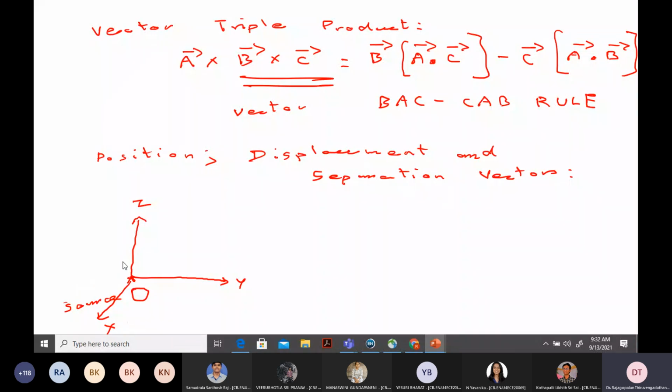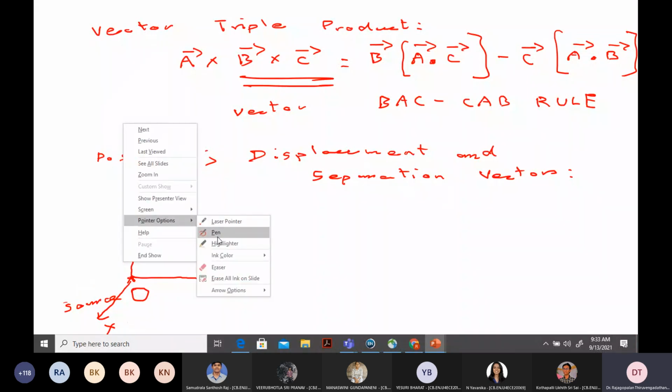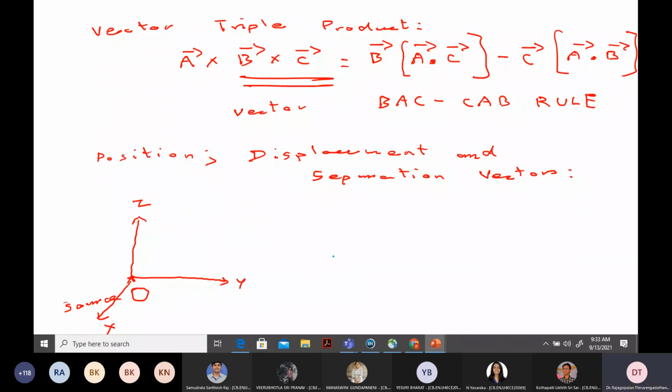Now let us specify a point in space. Let us say that point is P, and I have a source charge Q there. At this point P, the coordinates are defined as x1, y1, z1.